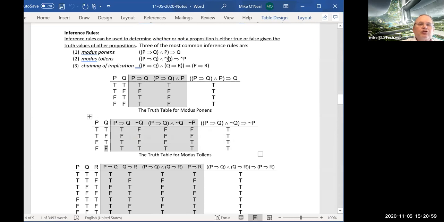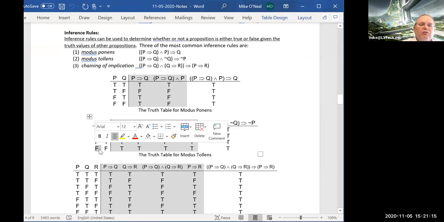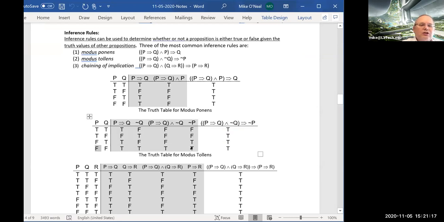So if not Q is true, then Q is false. So in the world where the if statement is true and playing Halo is false, then in that world, being at home is also false. So the useful line of the truth table is line 4 in this case.